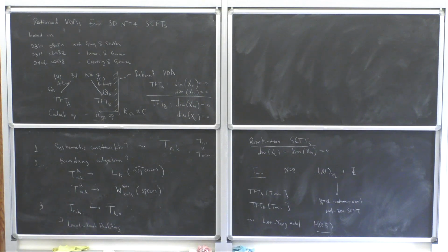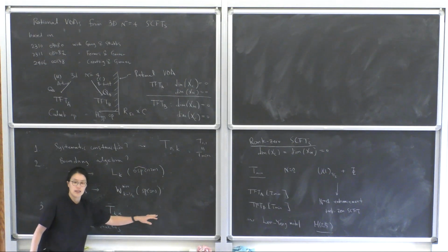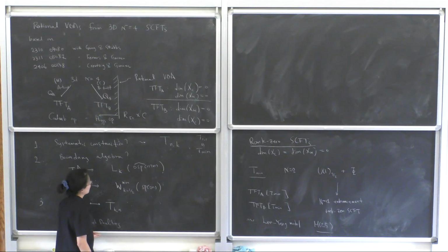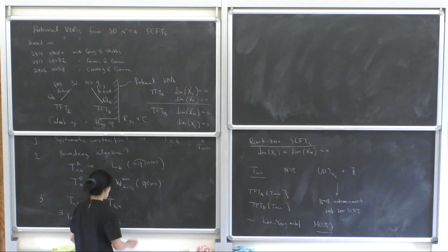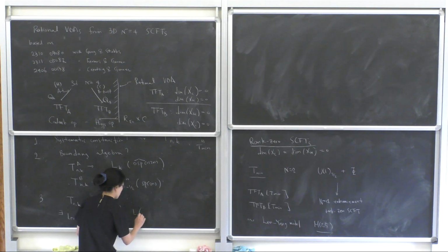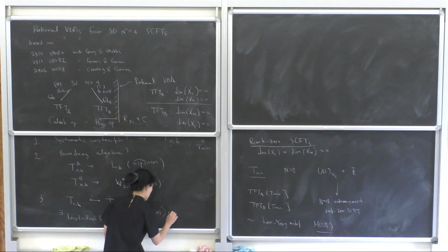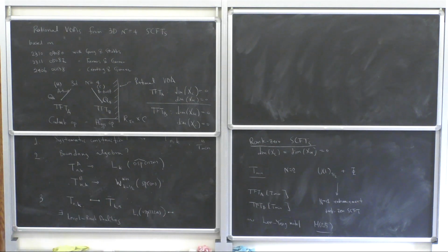I will try to explain the precise meaning of the level-rank duality toward the end of the talk, among these two classes of theories with exchange of K and N. So for example, when K equals 1, the L1 of OSP(1|2n) is going to be level-rank dual. It's precisely the same level-rank duality that we are familiar with, the one between the SL_K affine Lie algebra and GL_K Lie algebra. So it's exactly the same thing.